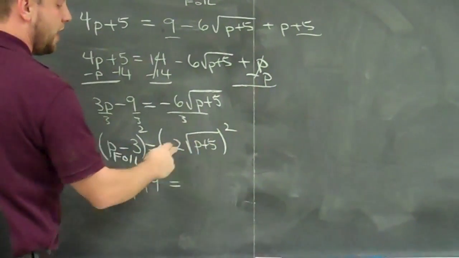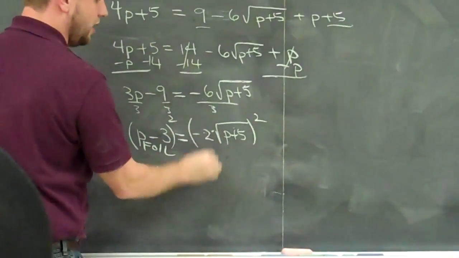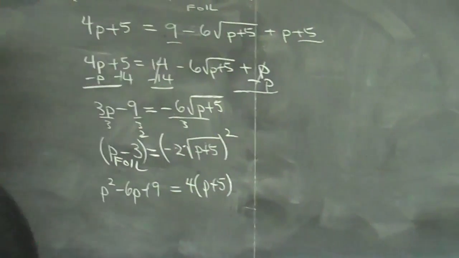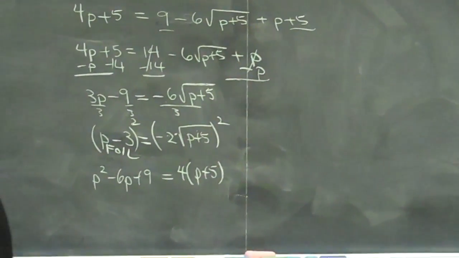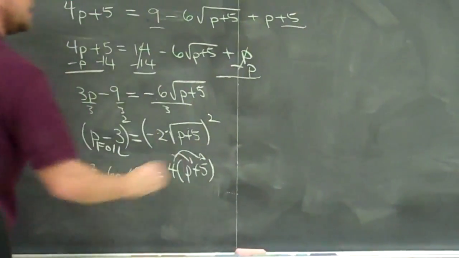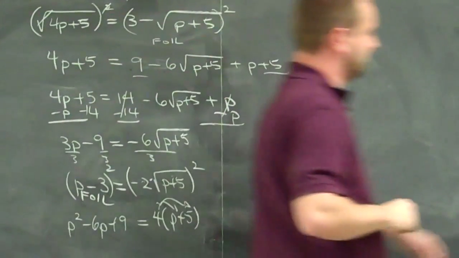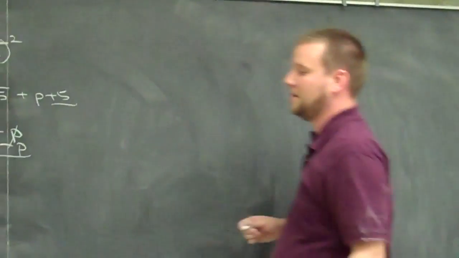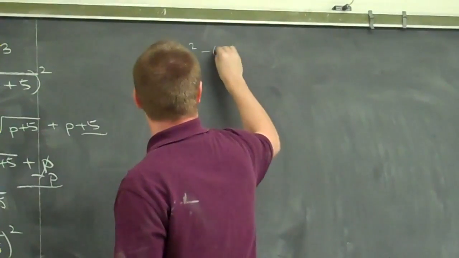Over here, when I square, this is a product, so I have to square these guys individually. When I square -2, I get 4, and when I square the square root, those cancel and I get the t plus 5. And then you multiply. And then I distribute, so I can get my quadratic equation in standard form. This is p squared. I'm running out of chalk.